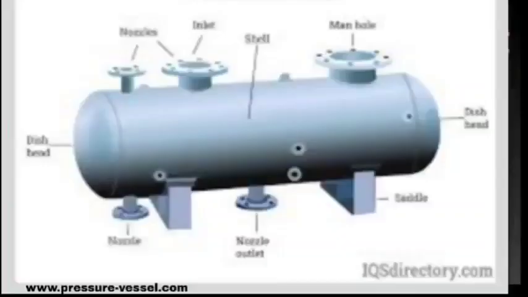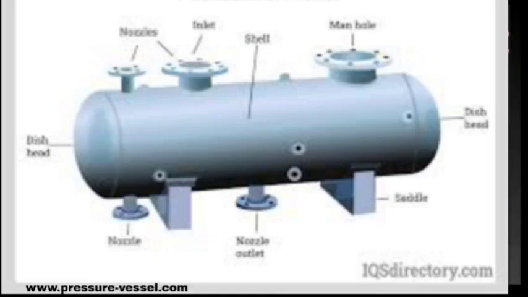These are the main parts only. In the PTB4 book itself, shell is there, ellipsoidal head is there, and nozzle with the dish. Yes, or you can present a theoretical calculation also, no problem. It need not be an actual vessel. With agreement with the AI, you can present one more vessel along with that. Whatever is to his satisfaction, you can present.